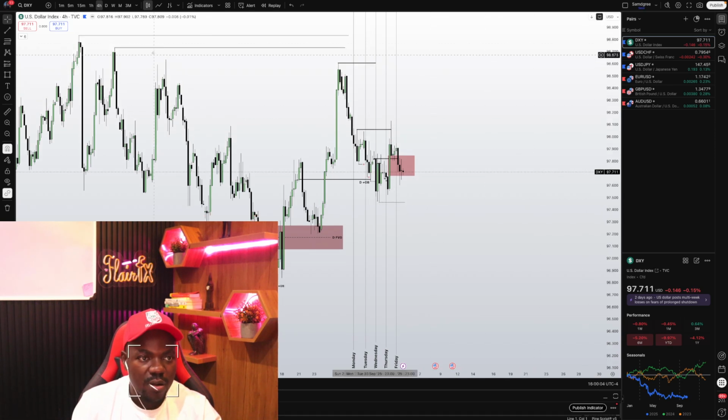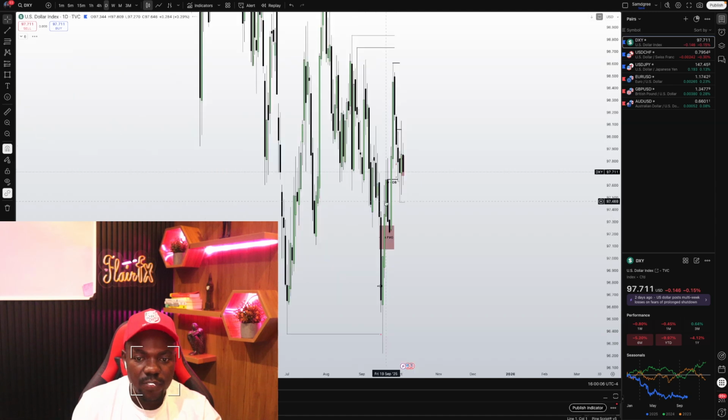As far as I know, if we keep on respecting this order block, I will still be patient to see what the market is going to do. This DSR right here.